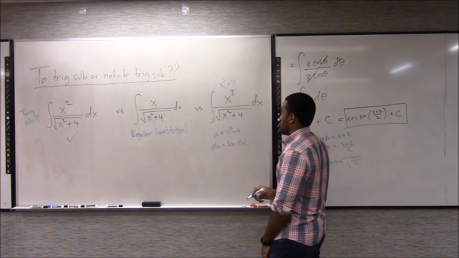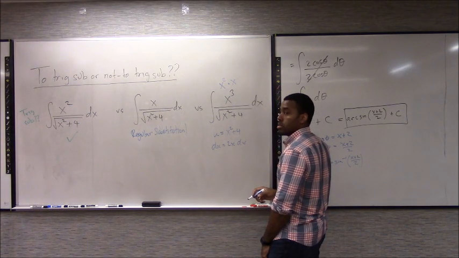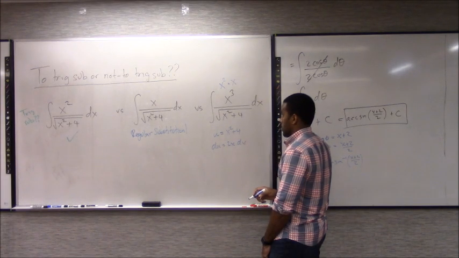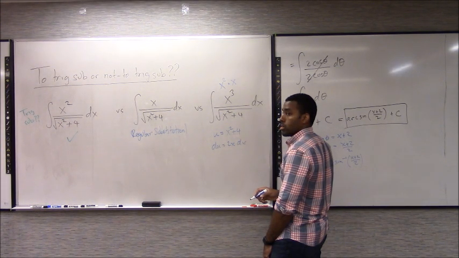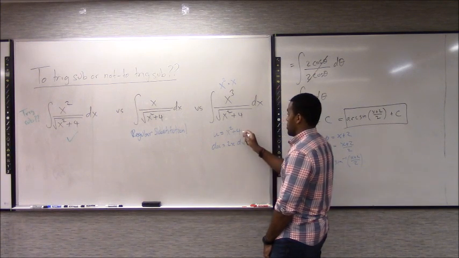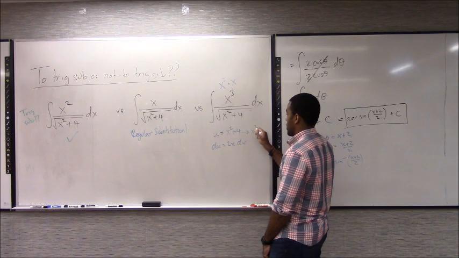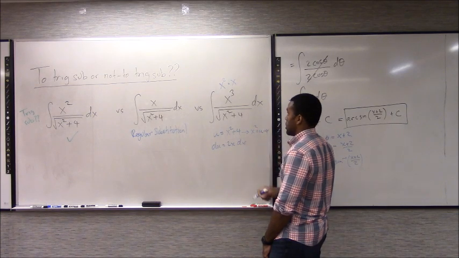And then x squared could be u minus 4, and the x would cancel out.